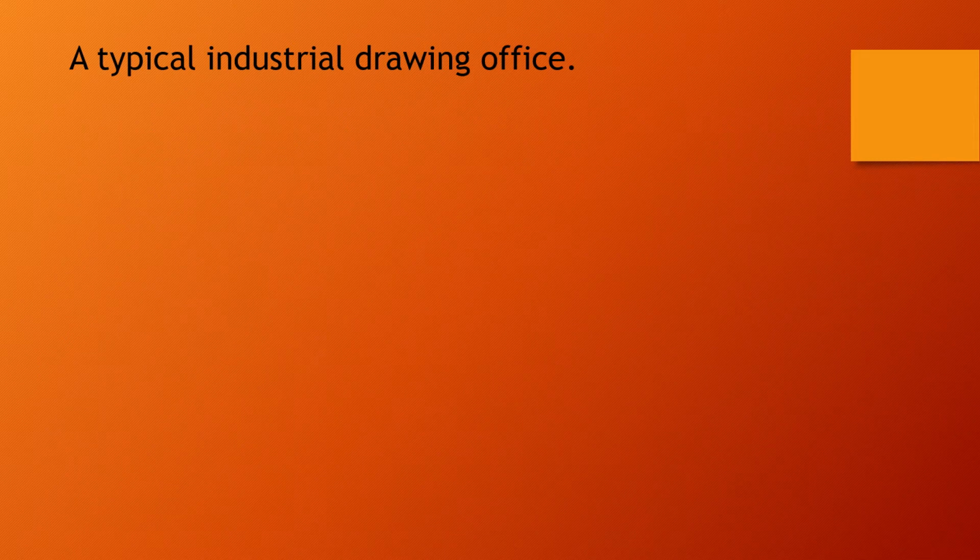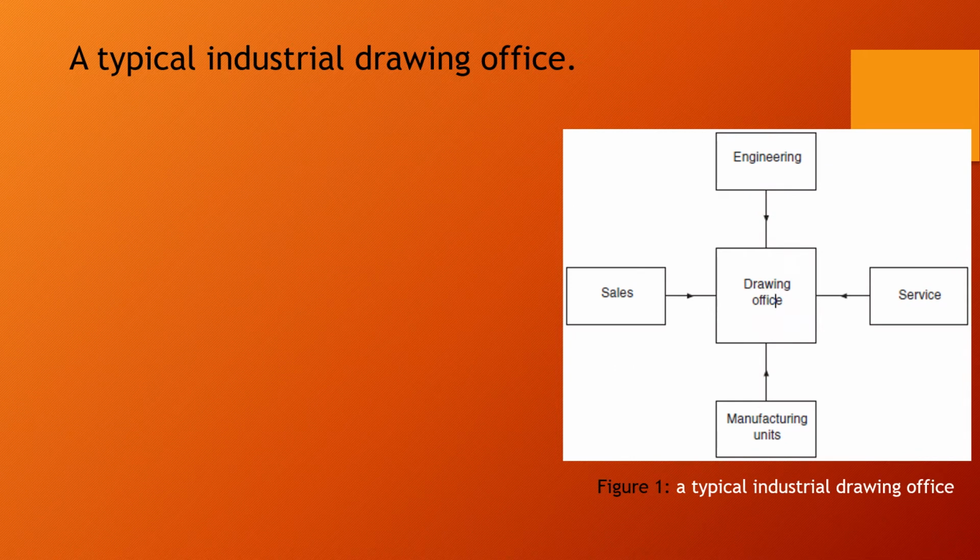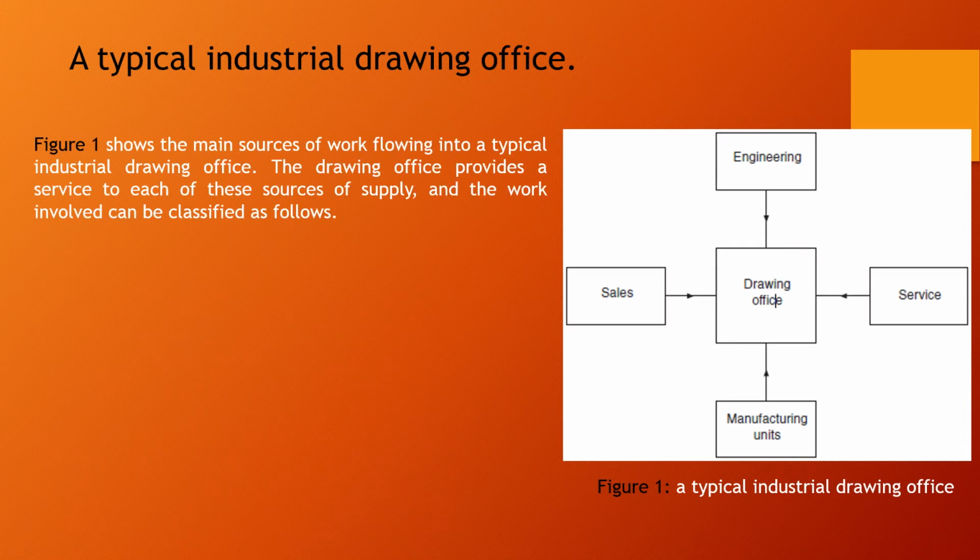Okay, let's move on. A typical industrial drawing office, the figure is here. The drawing office is connected with engineering, scale, services and the manufacturing units. All of them are connected with the drawing office.